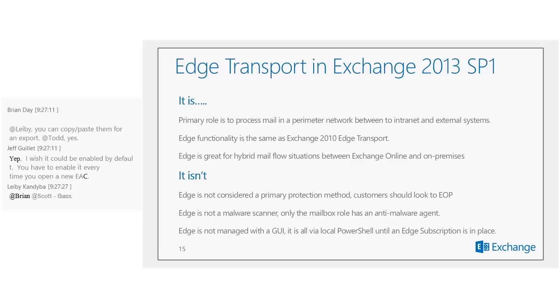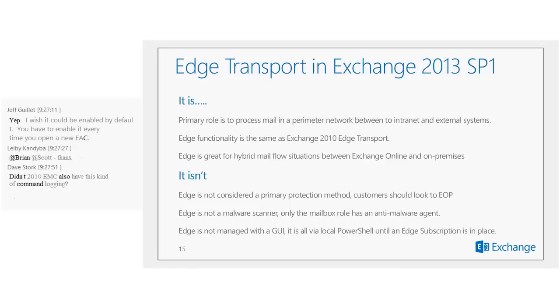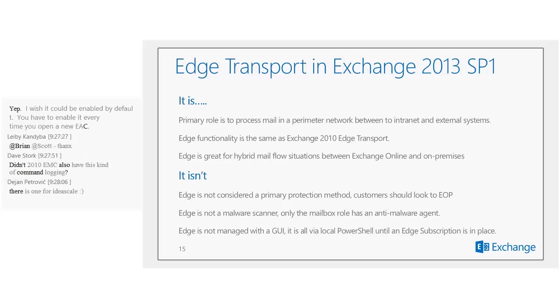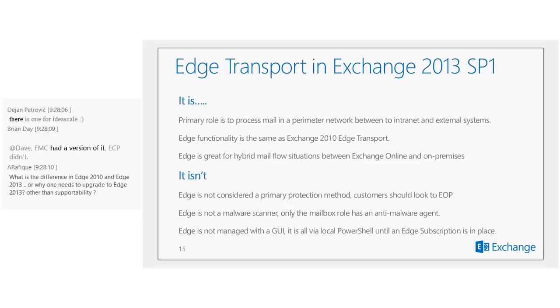The GUI for 2013 is browser-based. So this decision was made to say, hey, let's not add any additional risk by including IIS on that box. So it means you're going to start off initially configuring it via PowerShell. So that's something of note. There's actually a reason that it's been done that way.